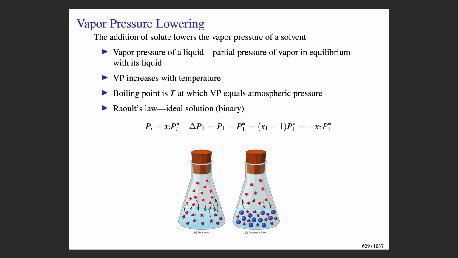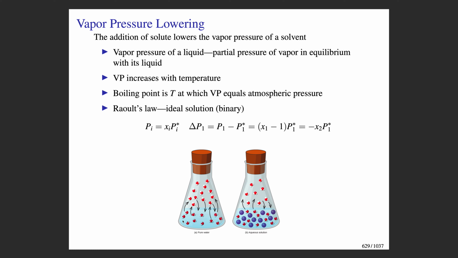So the vapor pressure lowering. Take a look at this figure down below. Okay, so here we've got pure water, and what I'm going to tell you is that the pure water and the vapor above the liquid are in equilibrium. So if you seal up the water at a fixed temperature, what will happen is the liquid is going to be constantly evaporating, the vapor is going to be constantly condensing.